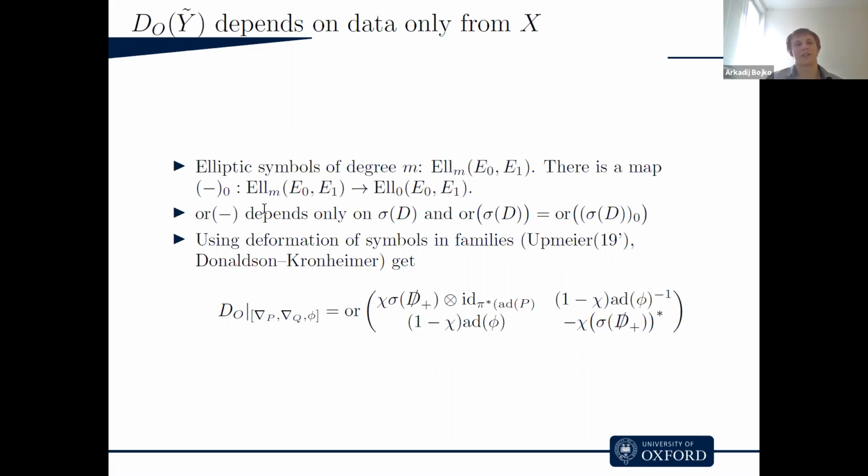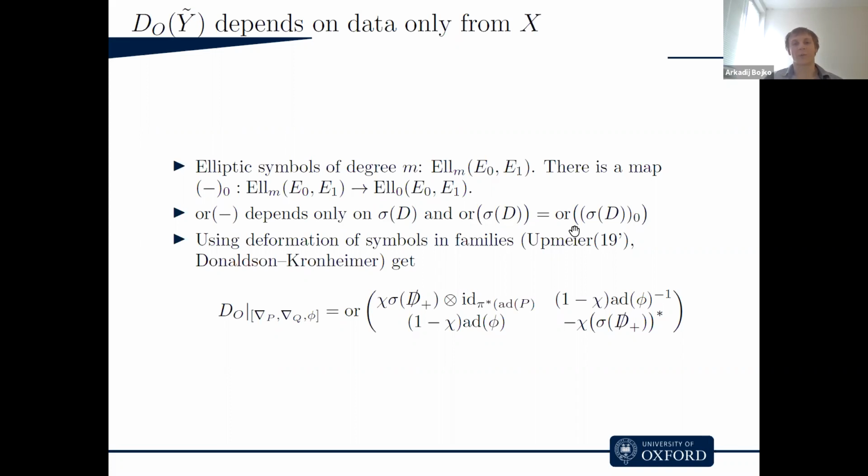The orientation Z2 torsor only depends on the symbol of the differential operator, because, up to an isomorphism, the space of differential operators associated to a particular symbol is contractible, so you can always construct natural isomorphisms.